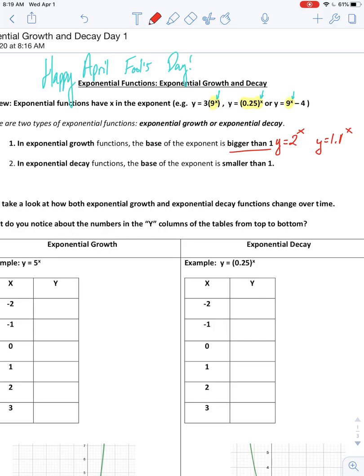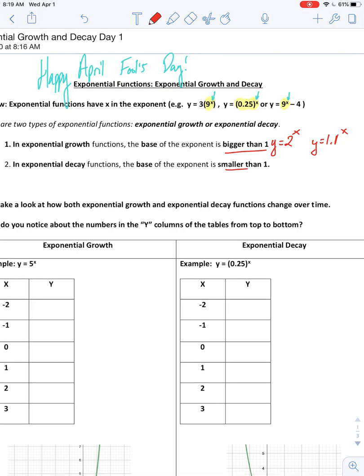Whereas in an exponential decay function, I'm not getting bigger. My numbers are getting smaller and smaller every single time. So what's happening here is I'm getting smaller numbers because the base of my exponent, base of the power, is going to be smaller than 1.